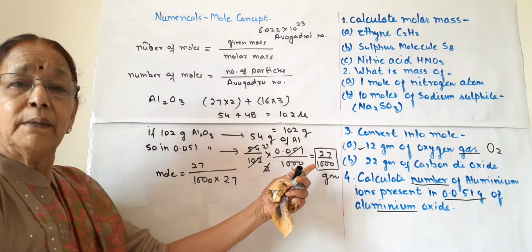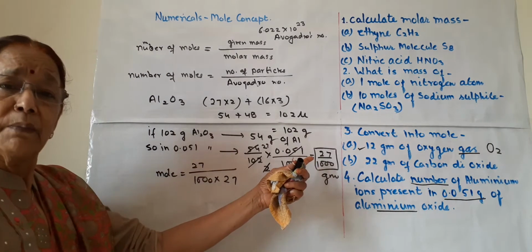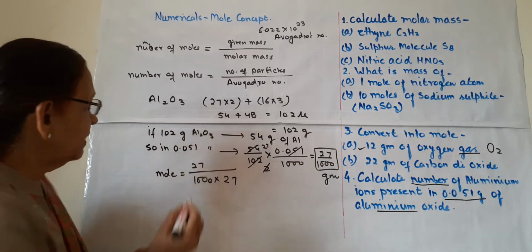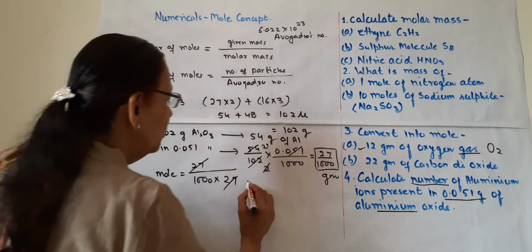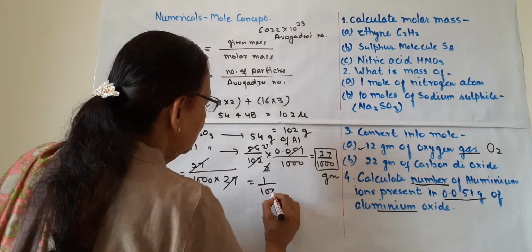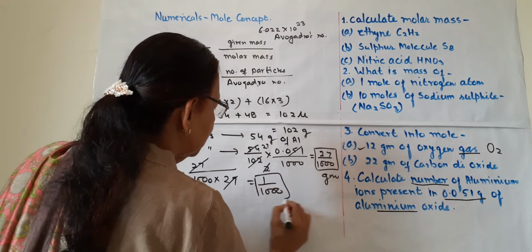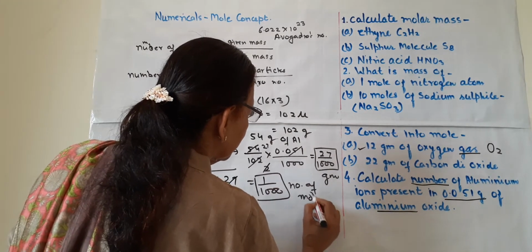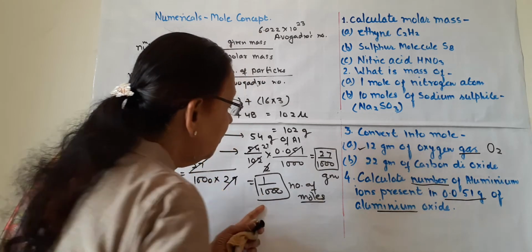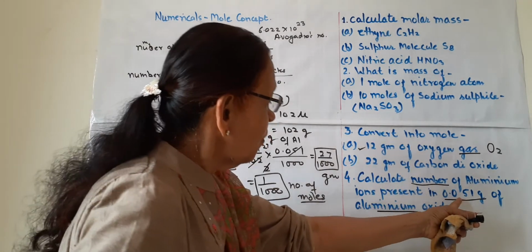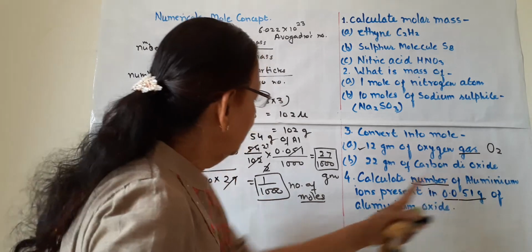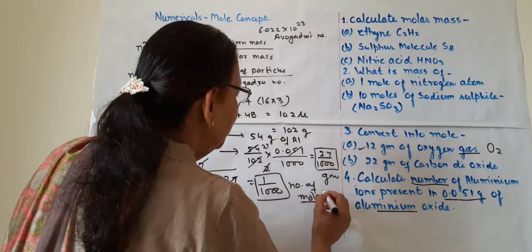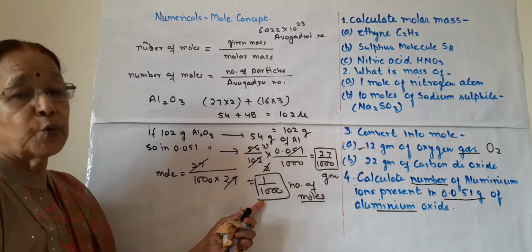We know one atom's atomic mass is 27, so the molar mass of aluminium will be 27. So the number of moles will be 1 upon 1000. This is the number of moles. The number of moles of aluminium in so much aluminium oxide is this.